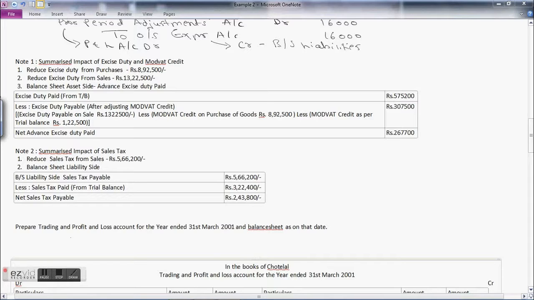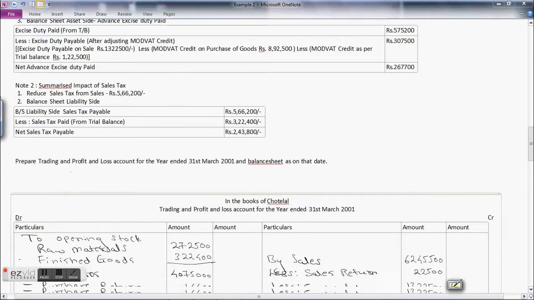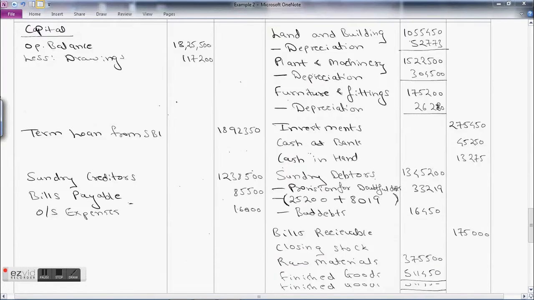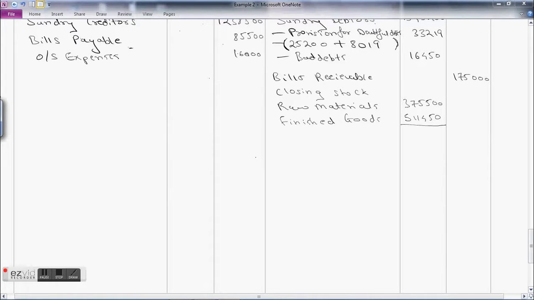But we have already paid 5,75,200. So advance excise duty paid is 2,67,700.